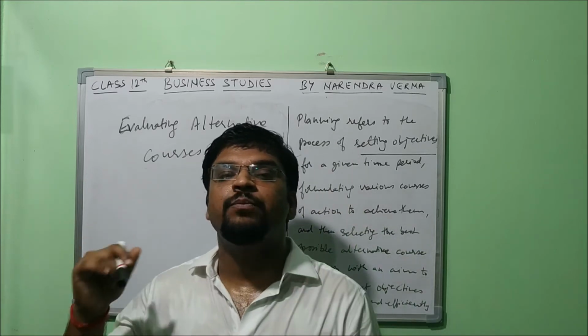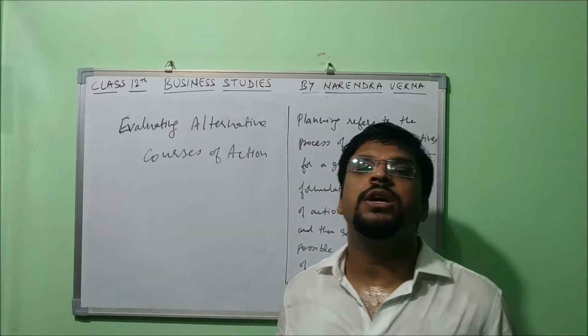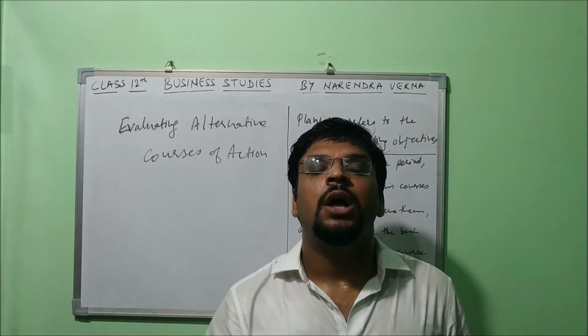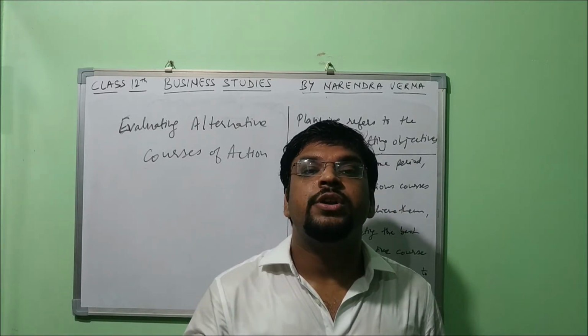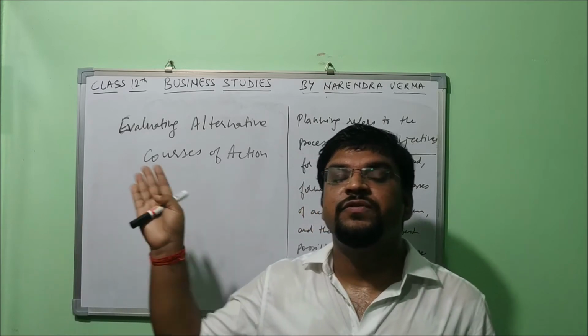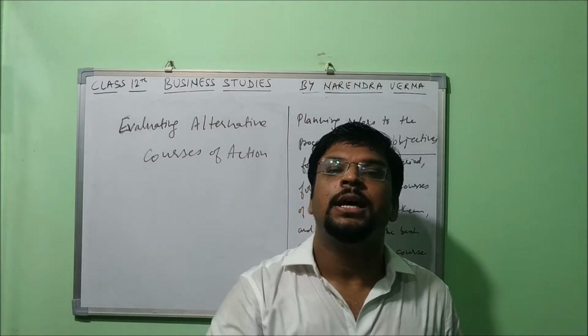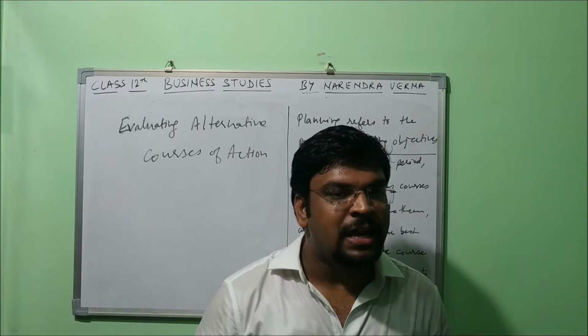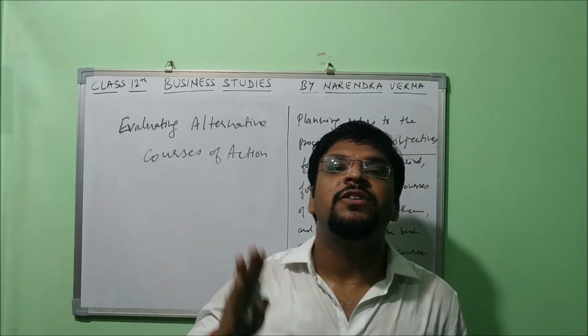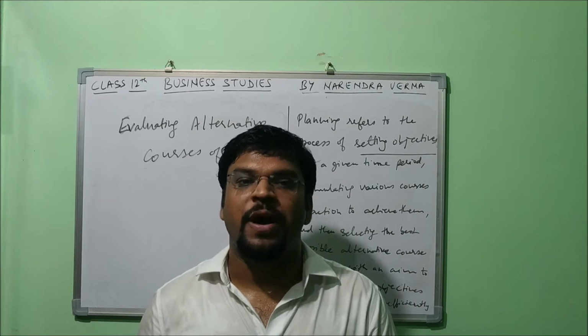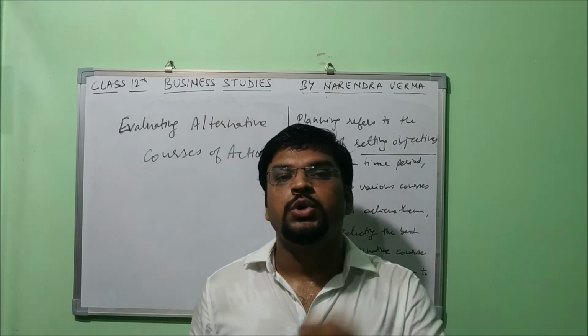So in this step we just evaluate all the available options that we got in the third step, as it is the fourth step. In the earlier step we identified the alternative courses of action, and in this step we are evaluating whether they can work or not.